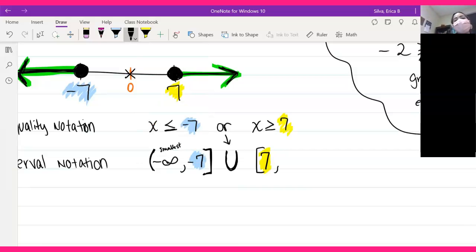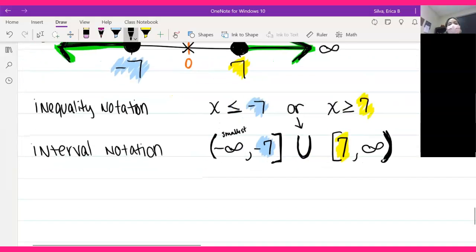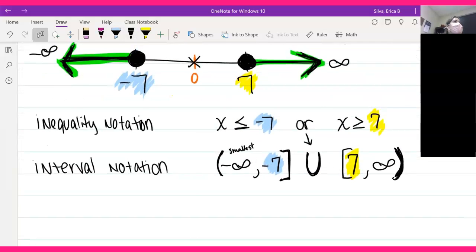And then my largest one, because it's going forever in this direction, that means it goes forever in the positive infinity direction. And anytime you have infinity, you have a parentheses. Any questions so far?